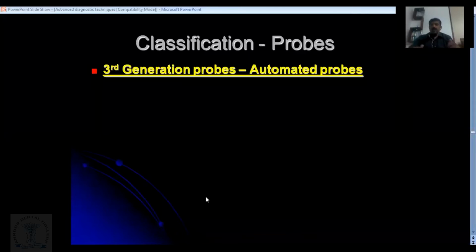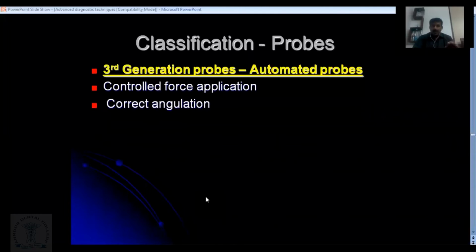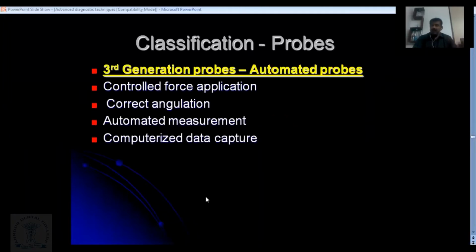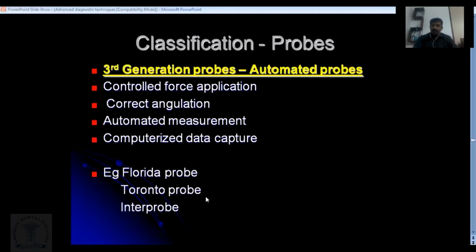The CAL detection is automatically generated and available from the computer. That is the basic idea of a third generation probe. Here the force is controlled, angulation is controlled, you have automated measurement, and all this data is available in a computer. Examples are the Florida probe, Toronto probe, and Interprobe.